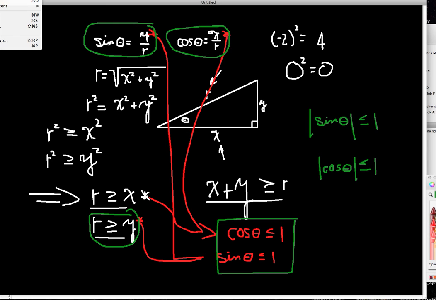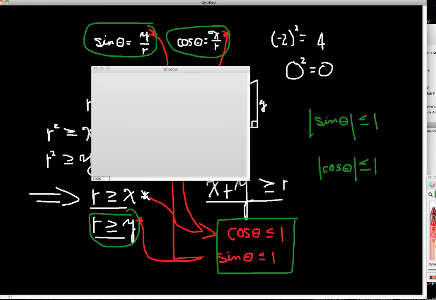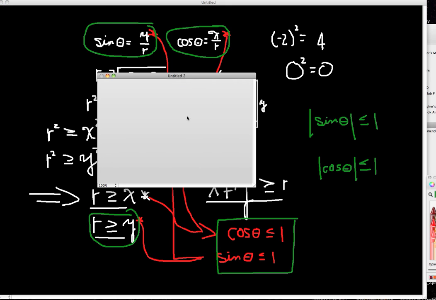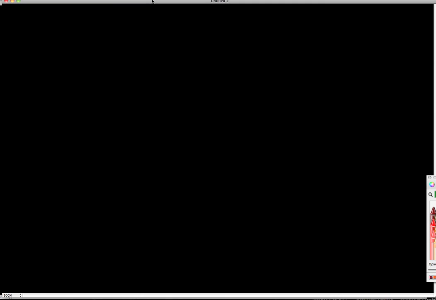Now, one more thing before I close this discussion, and that has to do with the fact that the hypotenuse squared is equal to x squared plus y squared.